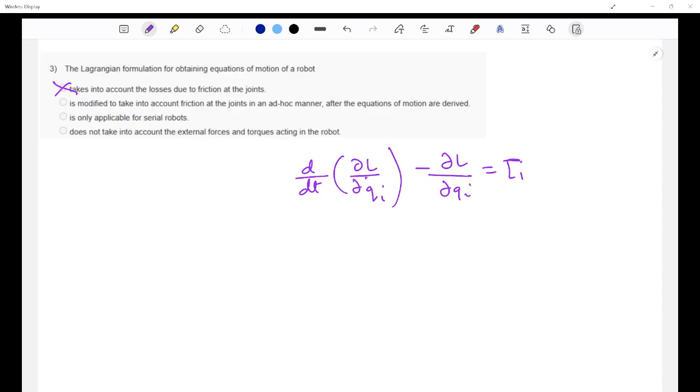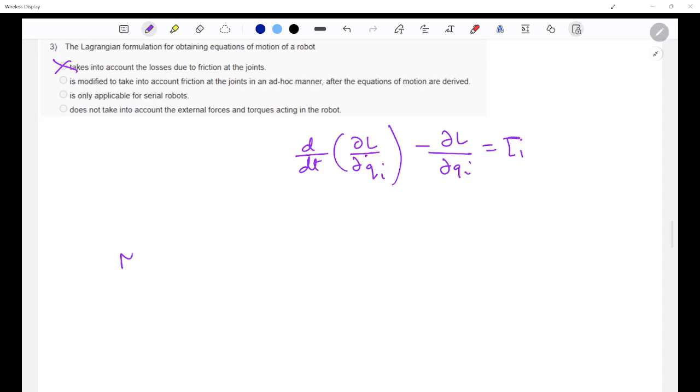The second statement is it is modified to take into account the friction at the joints in an ad hoc manner after the equations of motions are derived. This is correct because when we have the equations of motion of this form, M matrix into Q double dot, plus C Q dot plus G is equal to torque, we can add plus F, where we can take into account the friction.